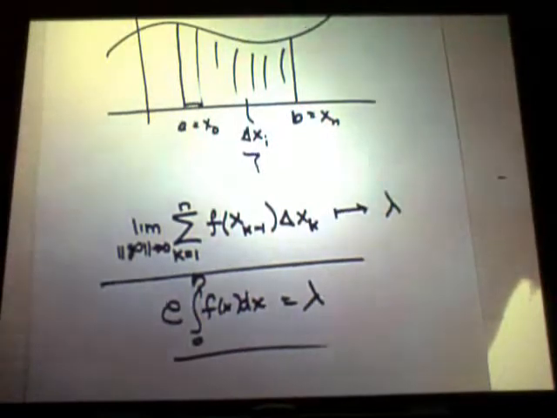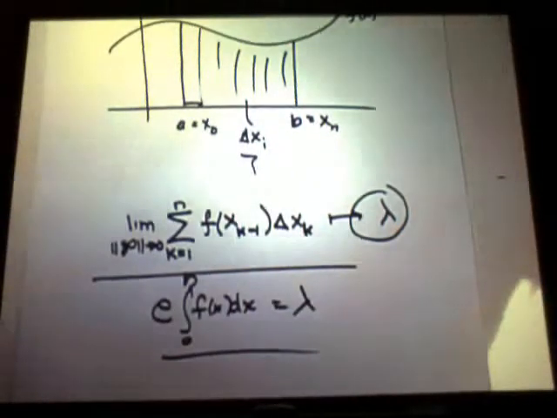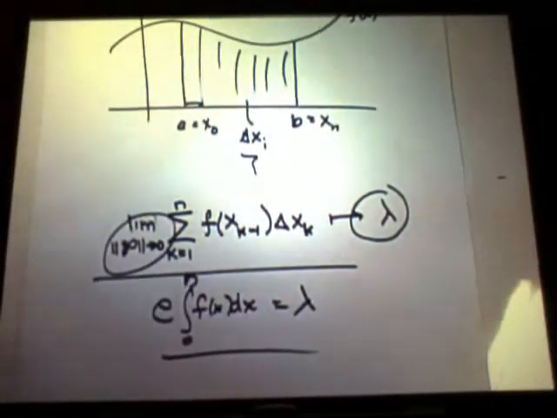Okay? All right. Now, we're going to have to come up with a candidate limit. That's a task. And then we're going to have to show that this business about partitions getting smaller and smaller doesn't depend on which partition we take, as long as it gets smaller and smaller.